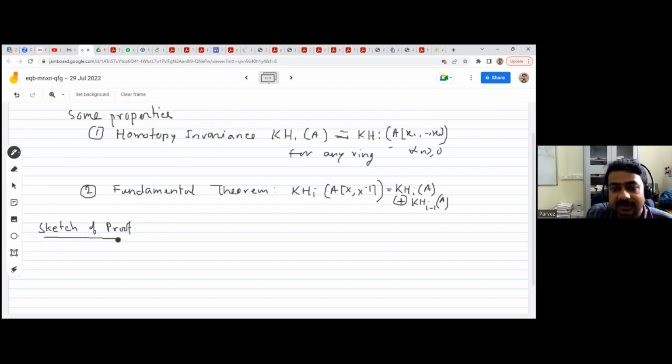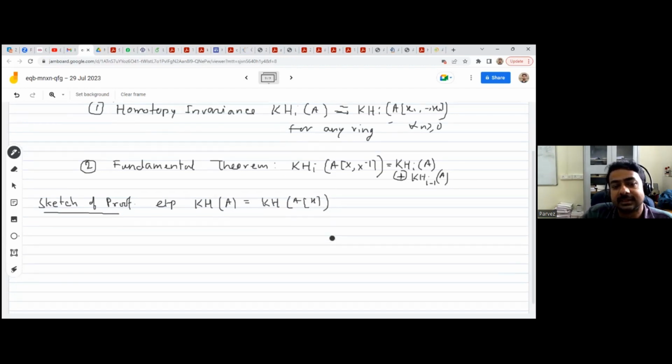I want to say that it is enough to do it for one variable, because A is anything. So it is enough to prove that KH of A is isomorphic to KH of A[x]. But how do you see this?